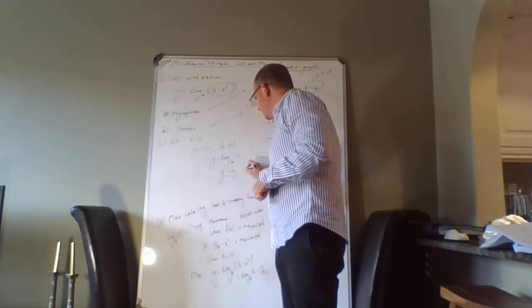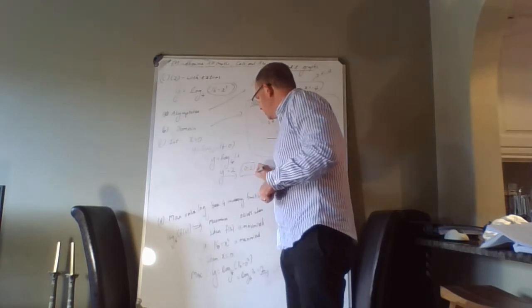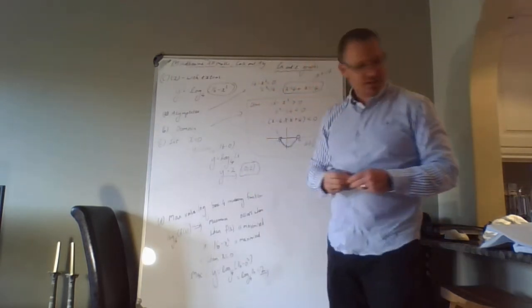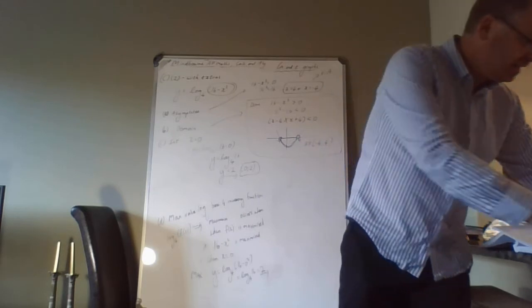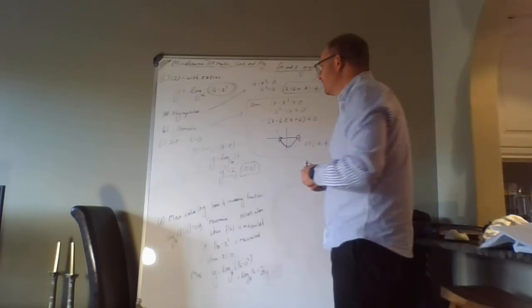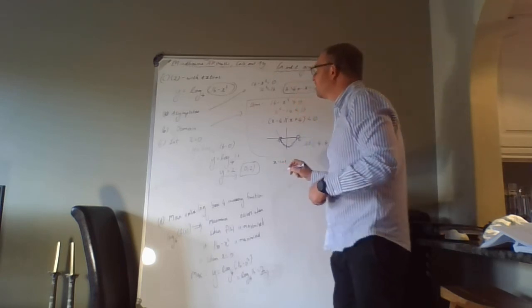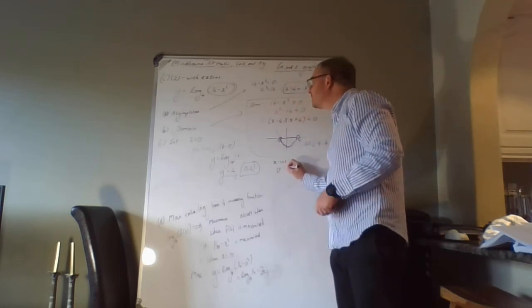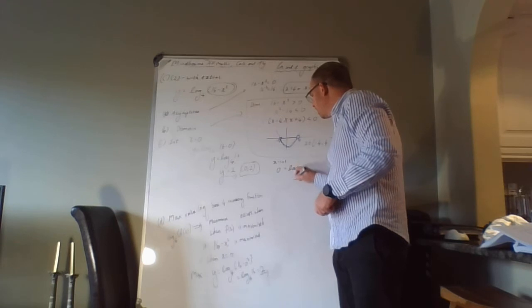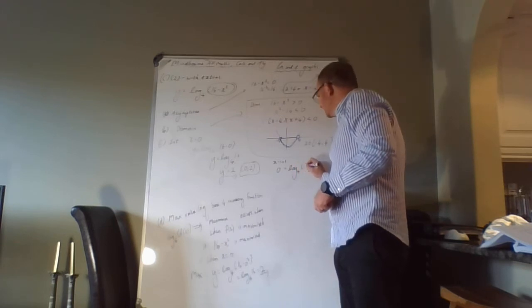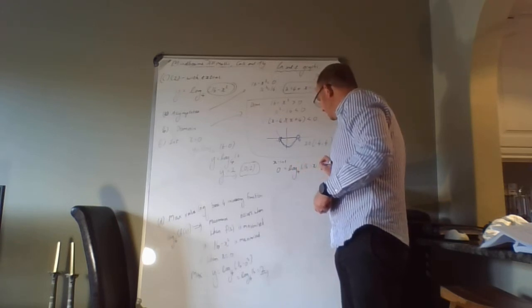So your intercept is at 0, 2. That's your y-intercept. Then we need to go find your x-intercept. For your x-intercept, we want to solve the equation where 0 is equal to log 4 of 16 minus x squared.